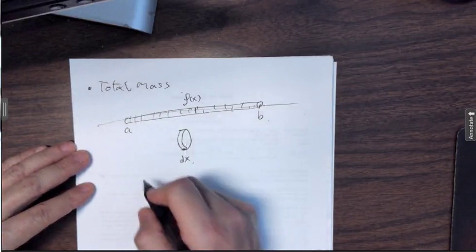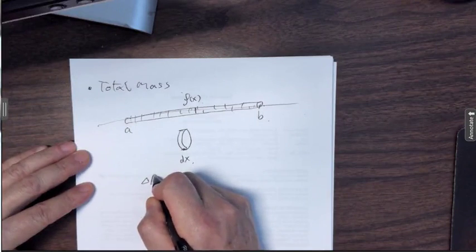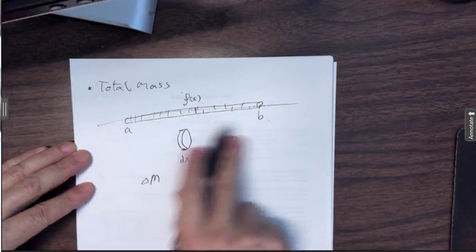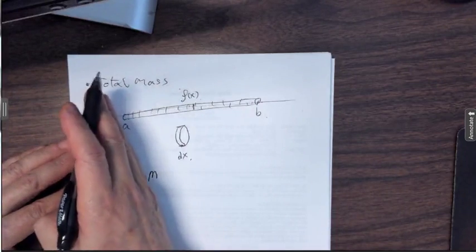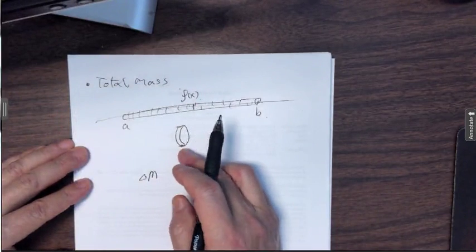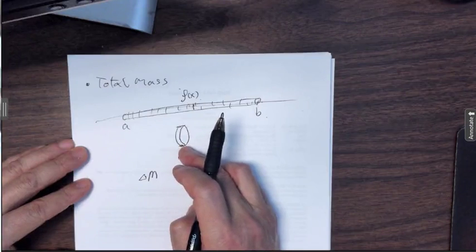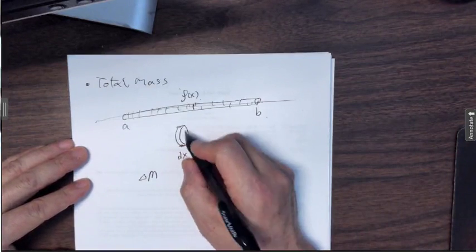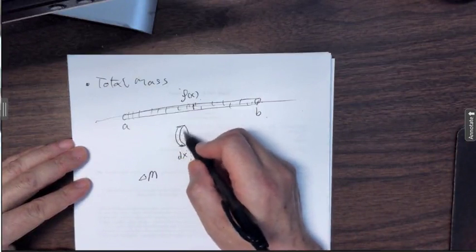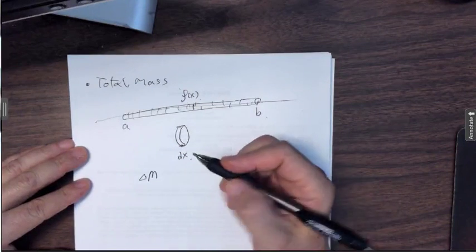If we find the mass of this thin piece, called delta m, then we add them up, because we slice the rod into infinitely many pieces. So now the question is, what would be the mass of this short piece?